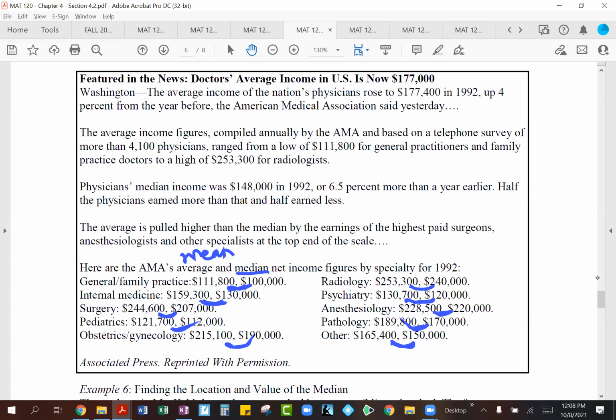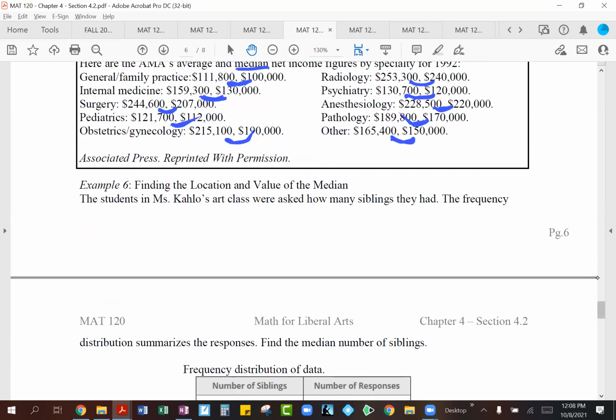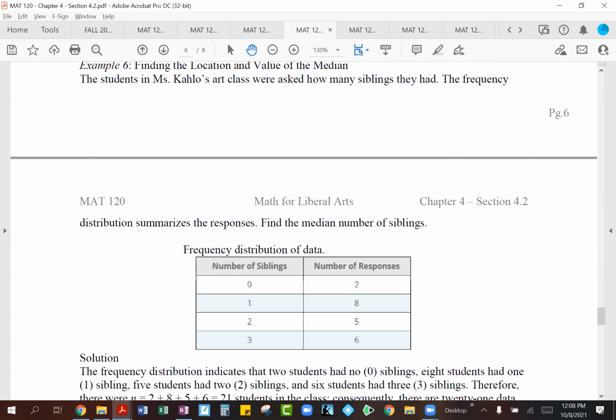Because if you have doctors who are making an absurd amount of money, then they will take the mean to a higher number, because if they have a really large income, they're going to bring that average higher up, so that mean will end up going up. So sometimes the median might be a better indicator of the average than just using the mean. It just depends on which calculation might be more appropriate to represent the data you are looking at.